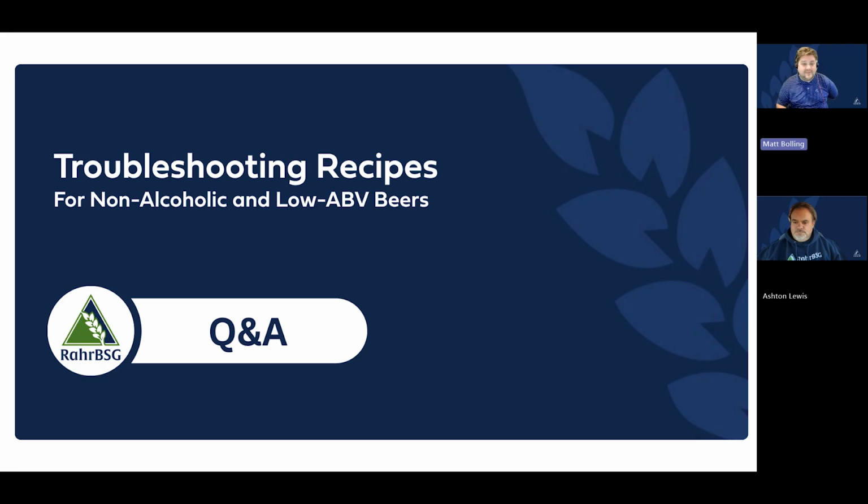I'm not sure of the timeline on that, but if you haven't had a chance to have a conversation with your sales rep or your customer service manager about that, please reach out to them. I'm sure that they can get you on the list to get some of that very soon.